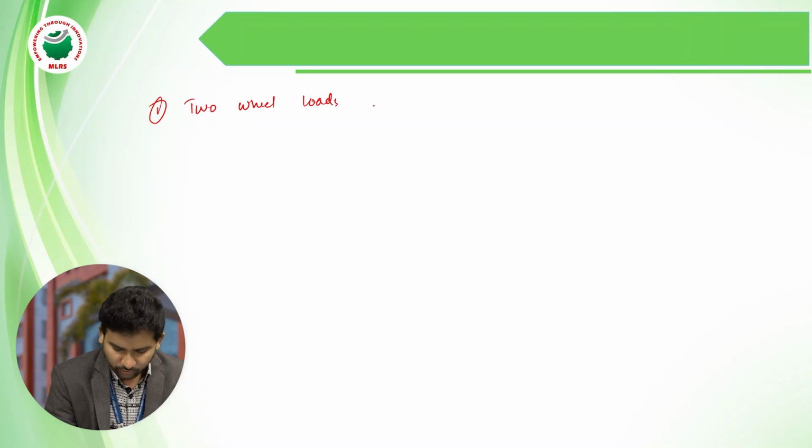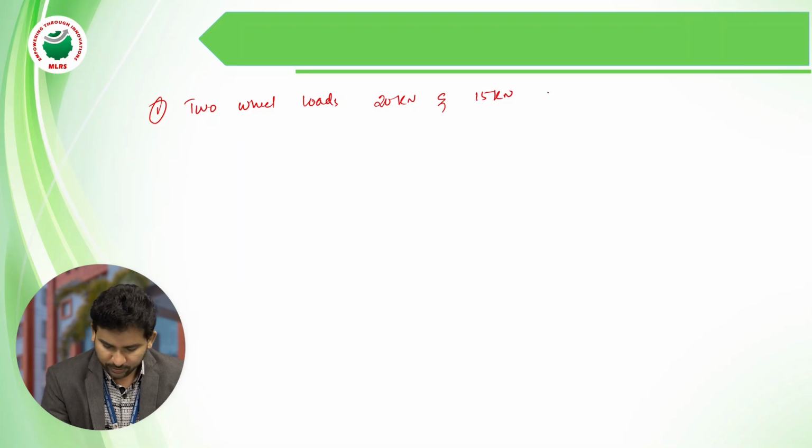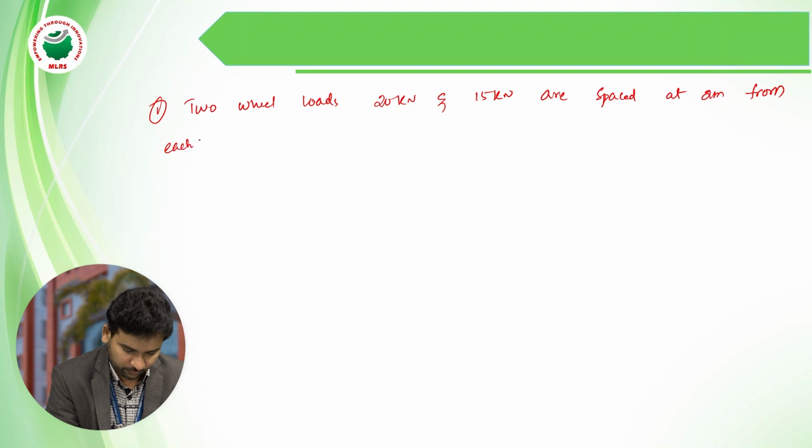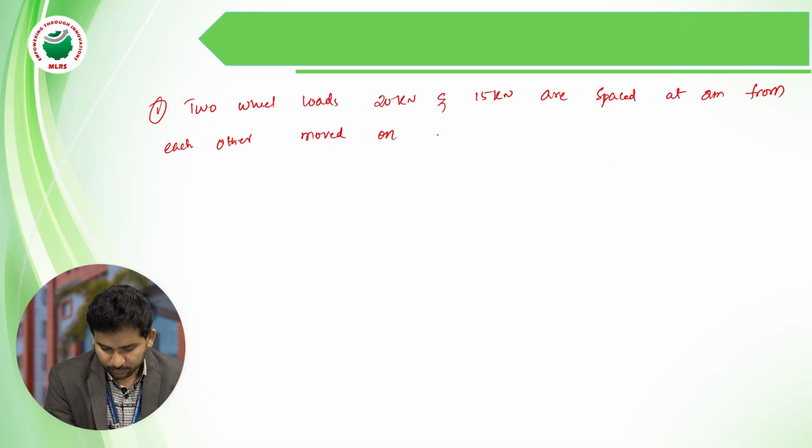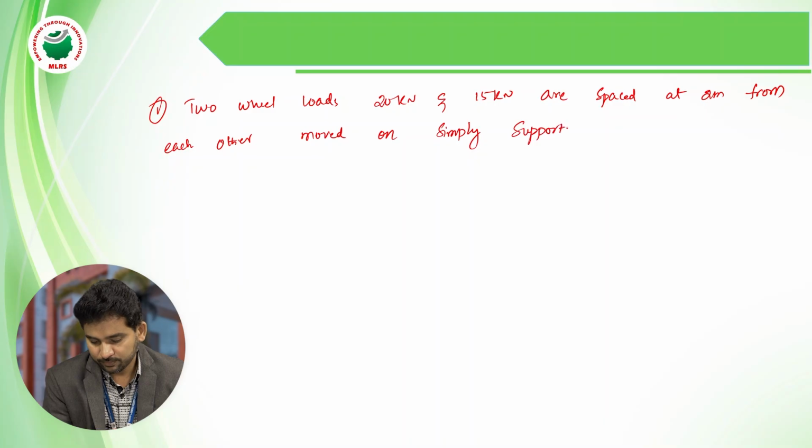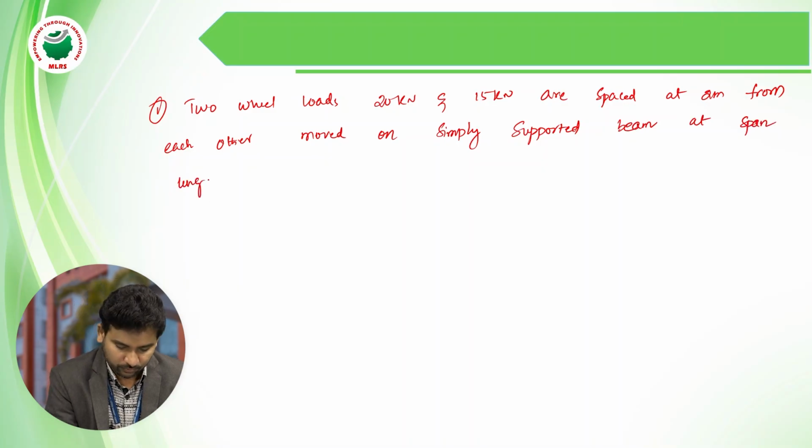Two wheel loads, 20 kilonewton and 15 kilonewton, are spaced 2 meters apart from each other and moved on a simply supported beam of span length 10 meters.